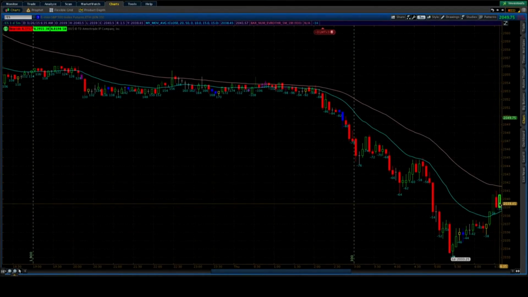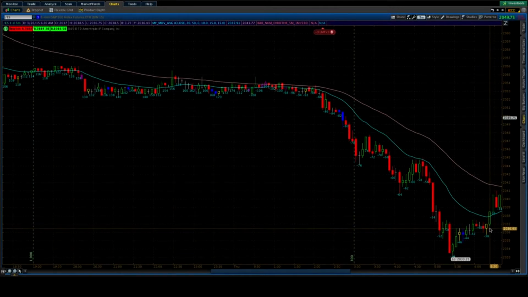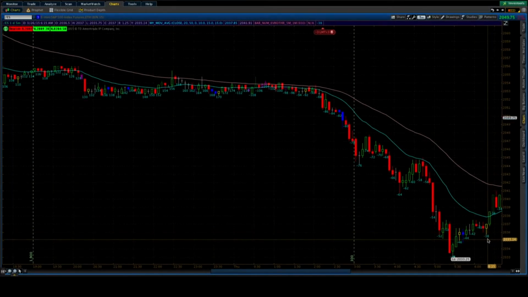Let's say I just try to buy as close to the moving average as possible, and use a stop probably one tick below the low of this bar if you're conservative, or you can go one tick below this bar here if you're moderate, and one tick below this bar if you have the capacity, and you're conservative too.